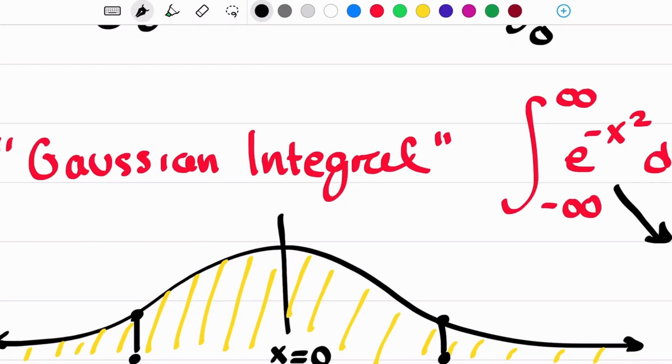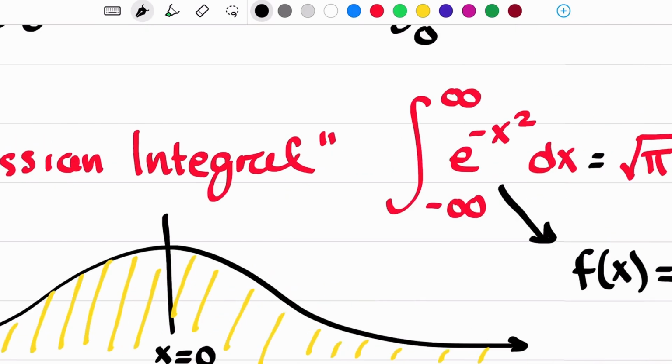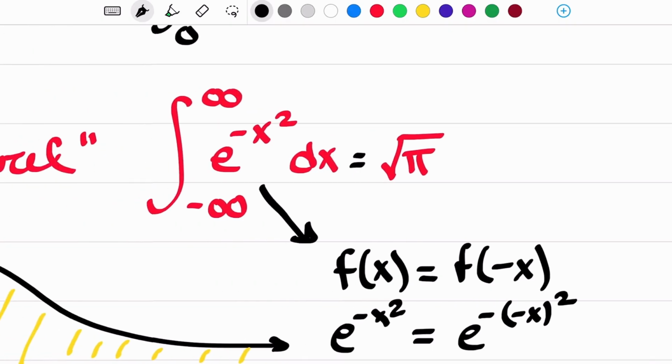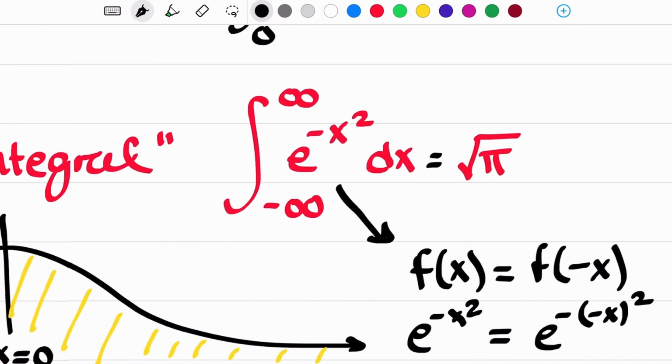And that is true for e to the negative x squared. It's actually really easy to see why as well. You have e to the negative x squared, and if you plug in negative x for x, well, of course these are the same, right? You square negative x, you just get x squared again. The negative times the negative just makes it positive again. So, yeah, e to the negative x squared is an even function.